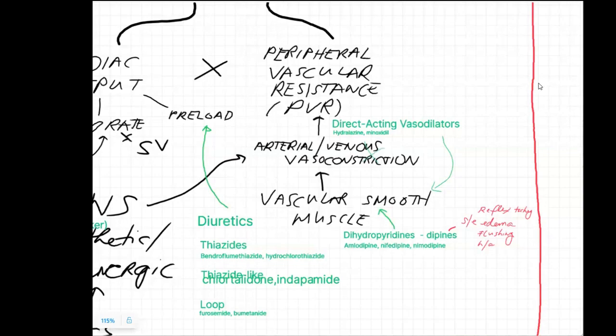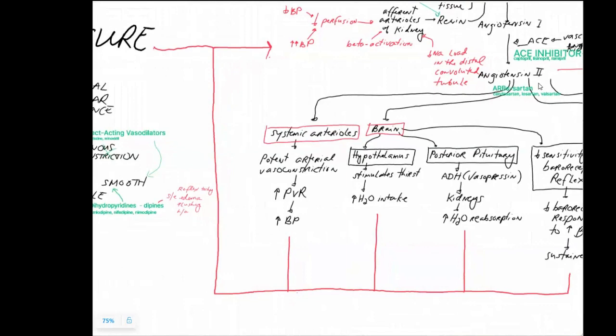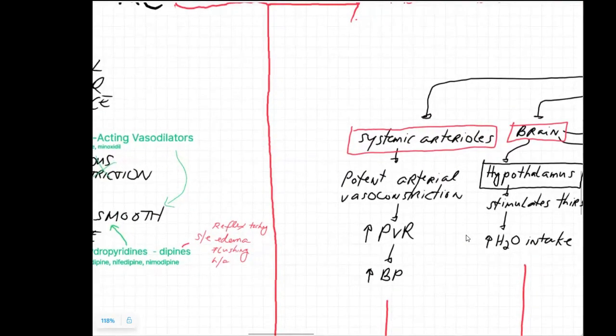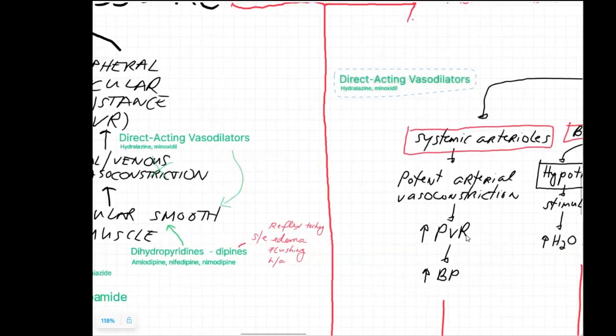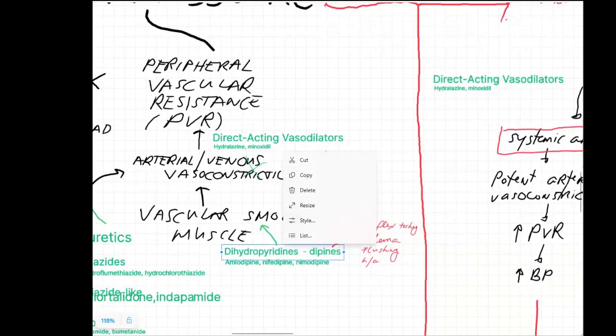And if we look back at the RAS, we'll see that angiotensin 2 is a potent arterial vasoconstrictor. So drugs such as the CCB and the other drug, which I'll mention in a minute, also can help in vasodilating due to the effect of RAS.